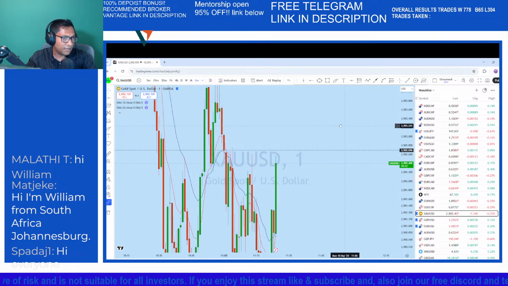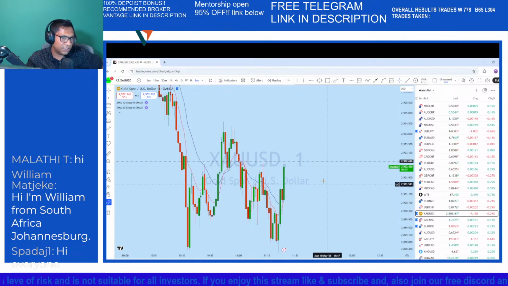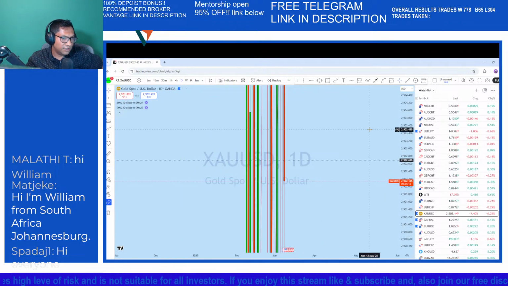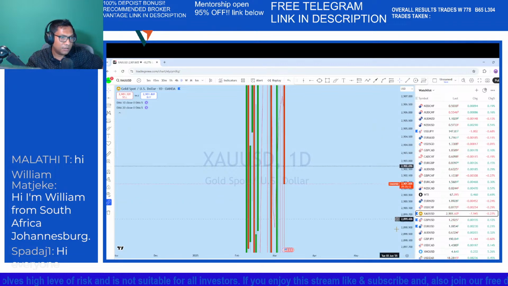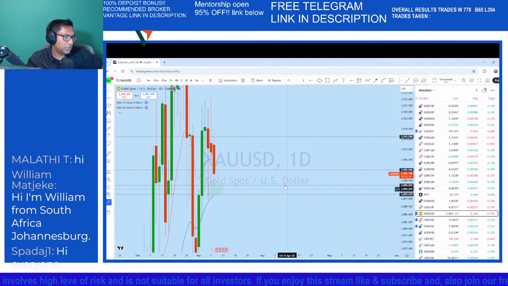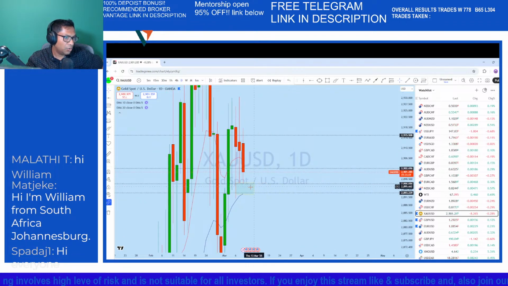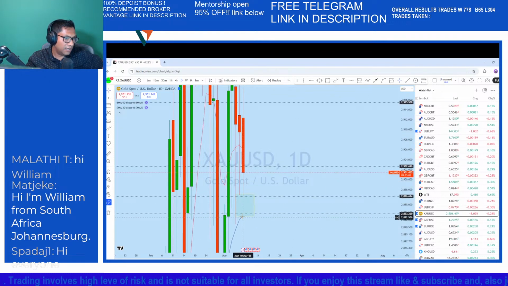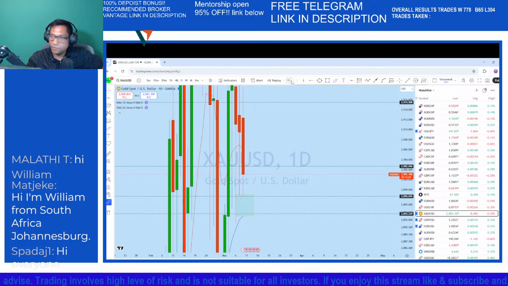This is the 1 minute chart here, and also the daily price action, we could see that the price ultimately from the daily is potentially coming back to this daily 20 EMA, which is highly likely to happen.